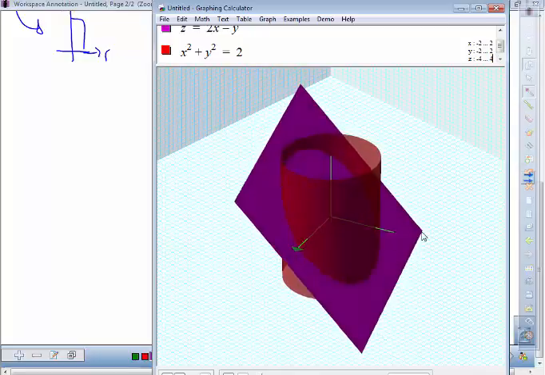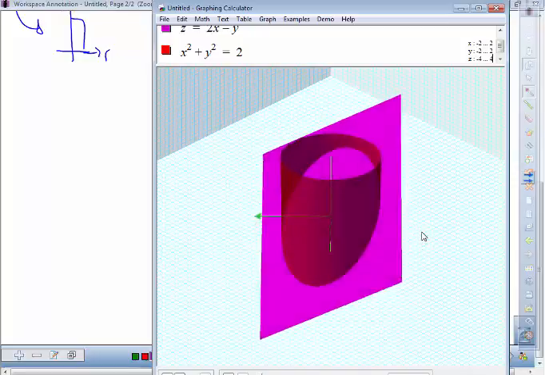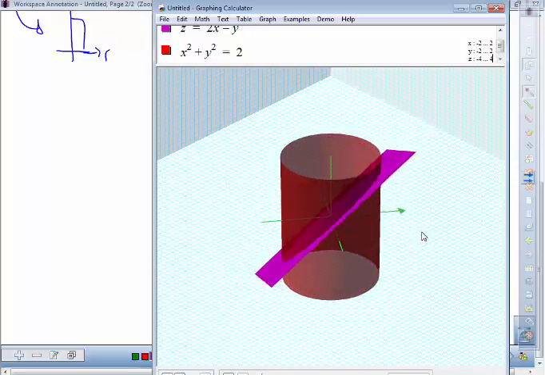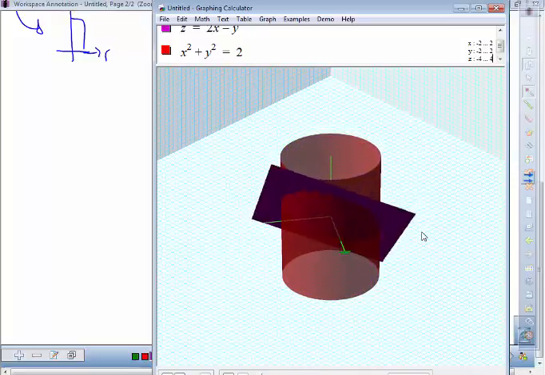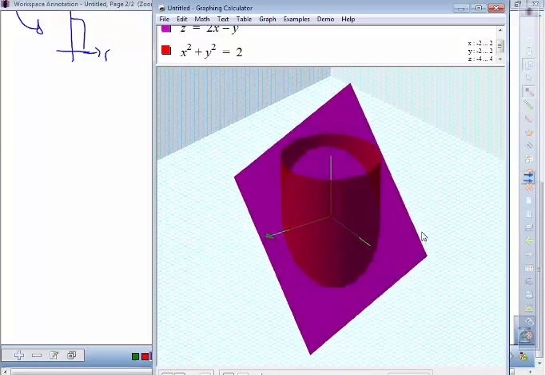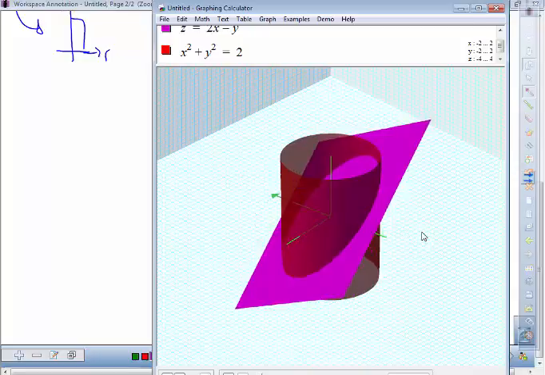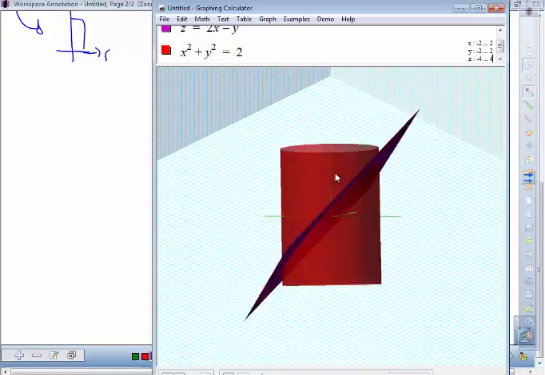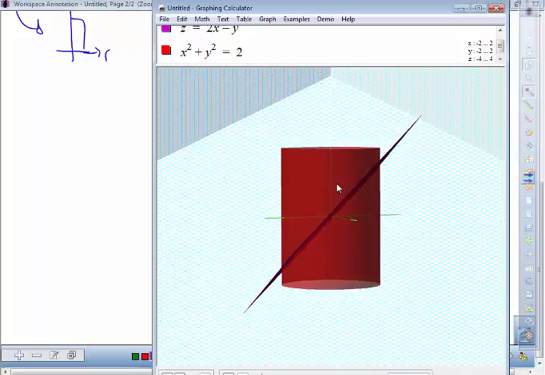So if you imagine the volume of this within the cylinder that's from the surface to the xy plane, you can see that exactly half of it is above the xy plane and exactly half of it is below the xy plane. And so that would cancel each other out, which is the reason why we got the result of 0.